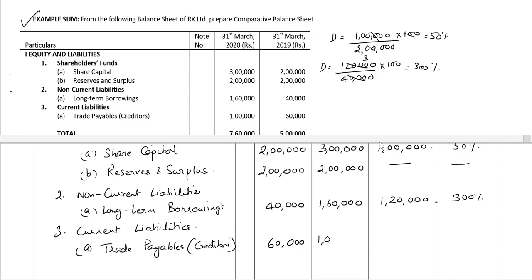Second column 1 lakh rupees. 40,000, column 3, and the last column it's 40,000 divided by 60,000 multiplied by 100. We get 66.67%.